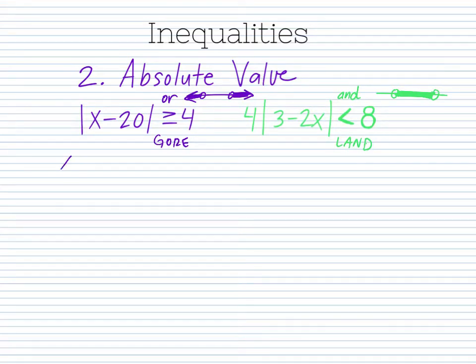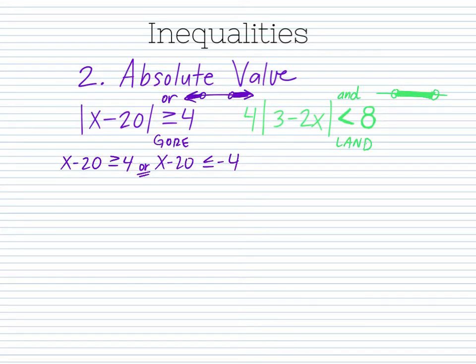Either x minus 20 is greater than or equal to 4, because remember, with absolute values, if the quantity inside is positive, then the absolute values are meaningless. Or x minus 20 is less than or equal to -4. So put an or, flip the sign to less than or equal to, and change 4 to negative.